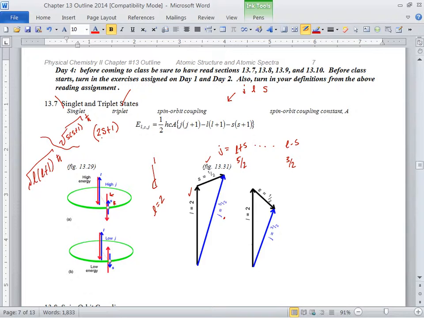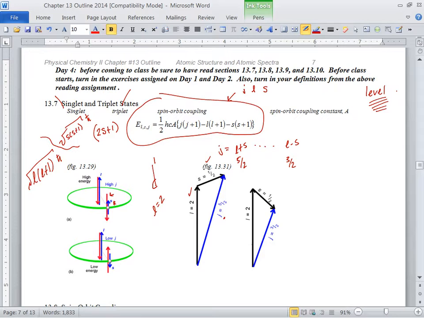Okay, so our energy levels now are different. They use the word level. You're going to see the word level a lot. We like to say energy levels, but now they're just talking about level.